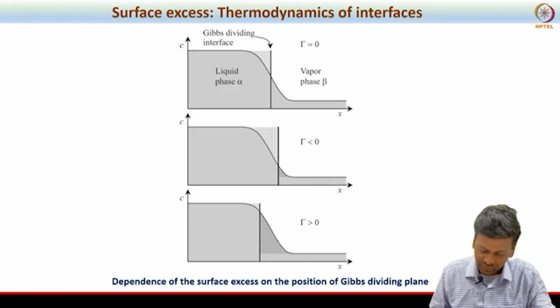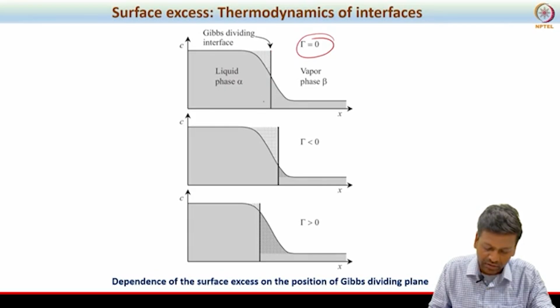Now, you can see what is the consequence of the dividing plane. If we choose a different dividing plane, how is the surface excess changing? The nature of the surface excess is changing. When you choose a dividing plane at the midpoint, at this reference plane gamma is 0.